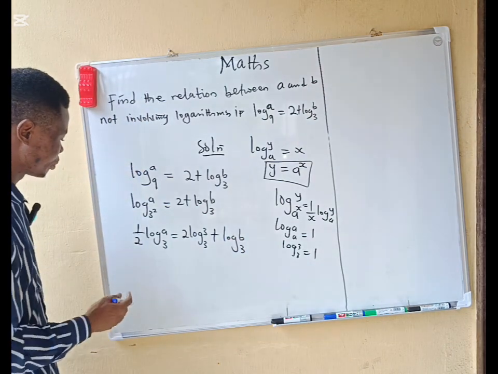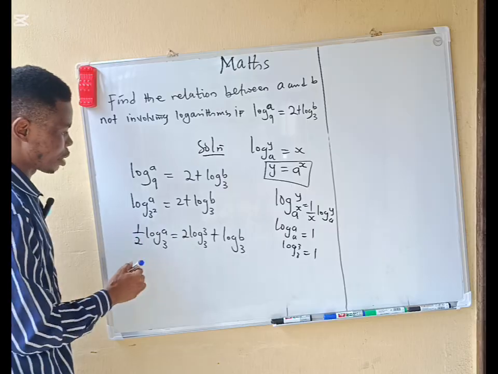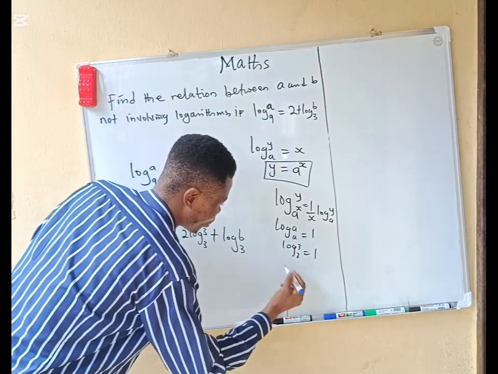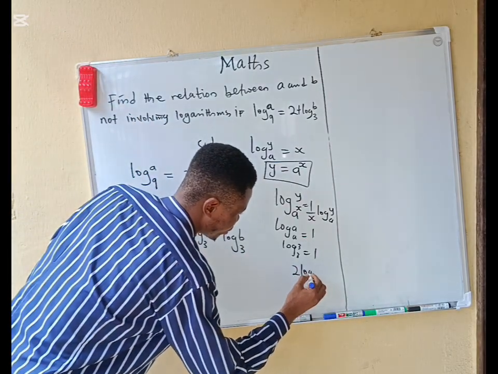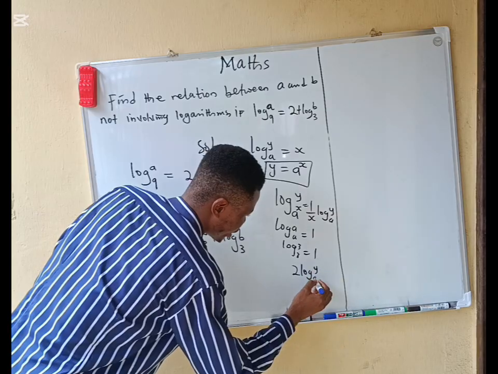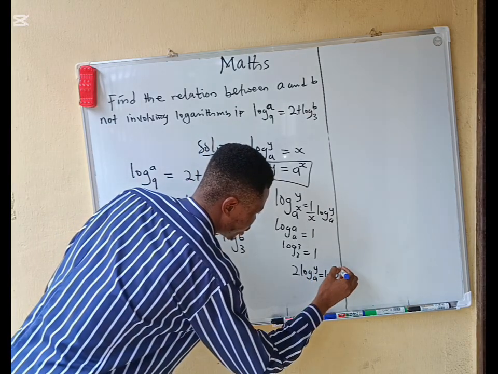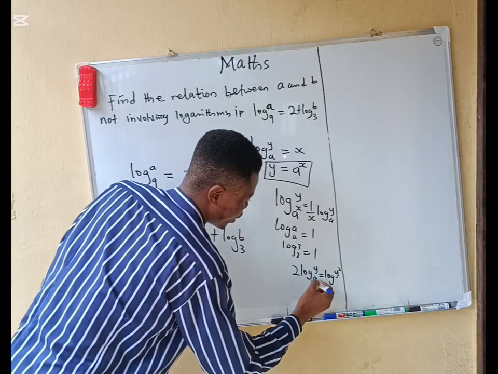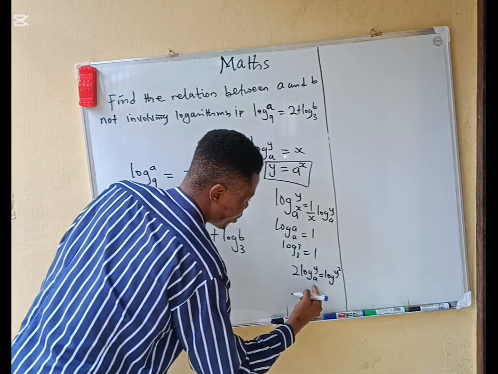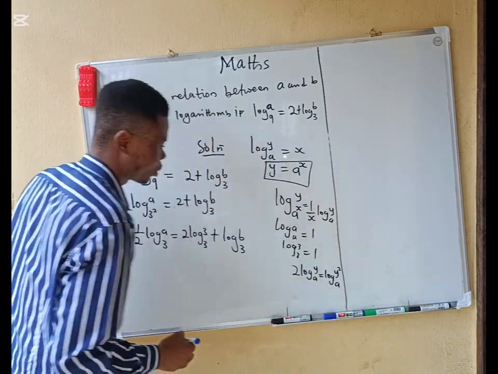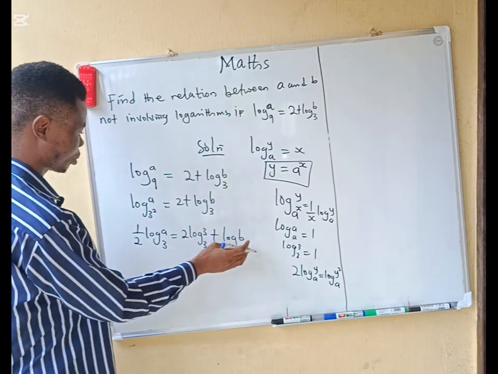What next do we do? Take this to this side. Remember, we have this law. Whenever you multiply a number with the logarithm, with log y base a, the answer is going to be log y squared base a. You take down this to this side. That is what it means. So I'm going to put the same thing here.